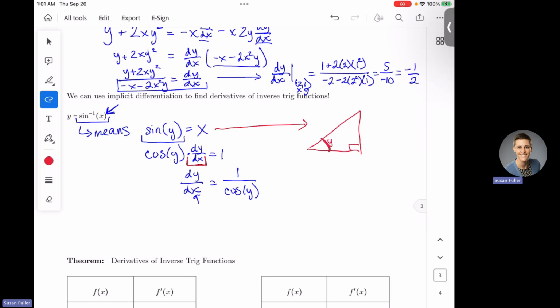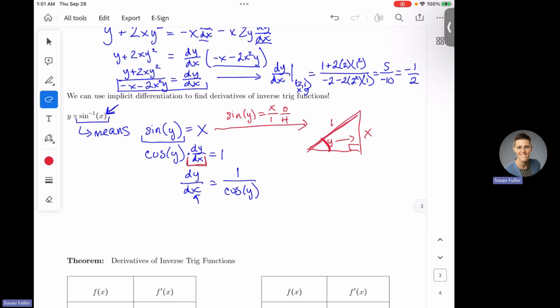The sine of y, when I put the y into sine, the ratio that I get out, x over 1, is the ratio of opposite over hypotenuse in this triangle. So the side opposite my angle is x. My hypotenuse, which is the longest side of the triangle, is 1.